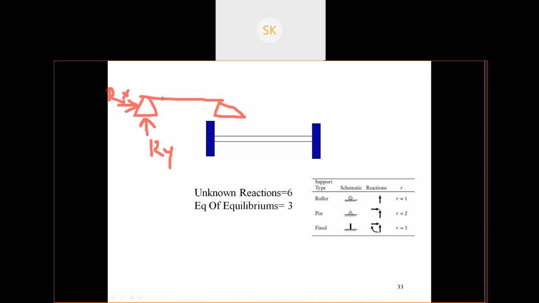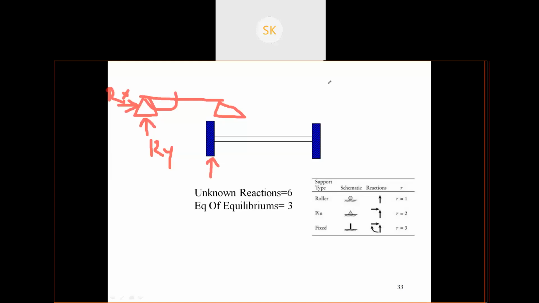What will happen if I try to rotate it? It will rotate. To overcome this rotation, what do we do? We provide a fixed support. What happens in a fixed support? It will resist the vertical direction, the horizontal direction, and the rotational movement also.